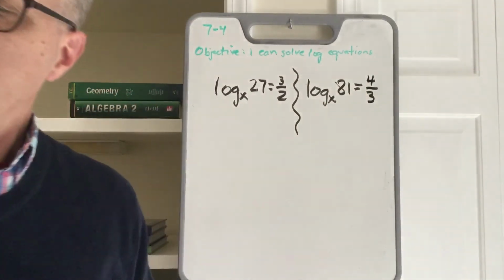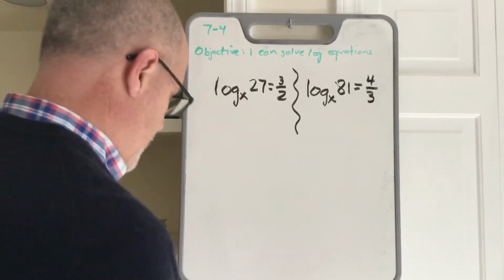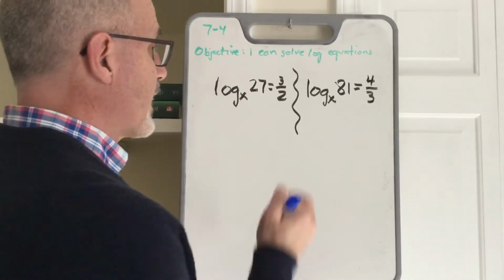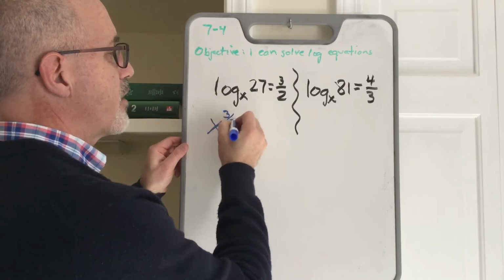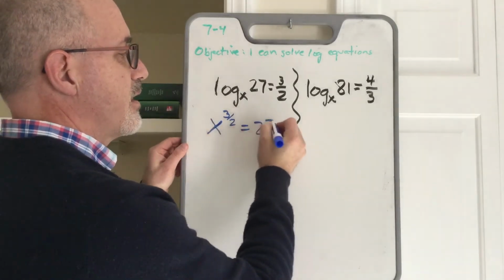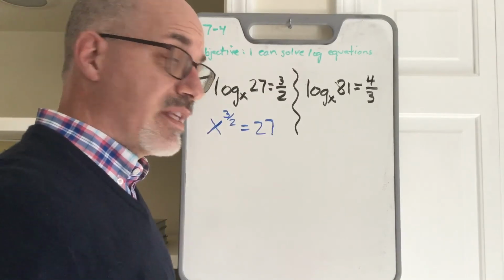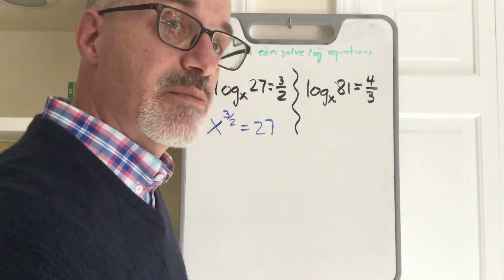Now to do these problems, we're first going to set it up as an exponential. So the first one will look like x to the 3/2 power equals 27. That's a type of exponential we've done, but it's a little more complicated because I have to get at the x and it's got an exponent on it.